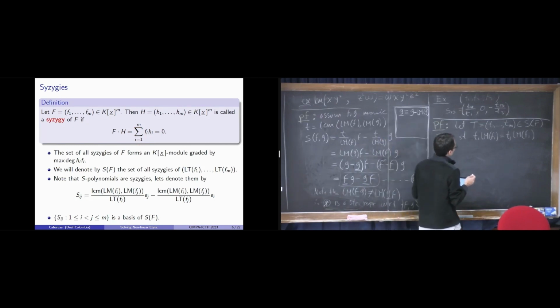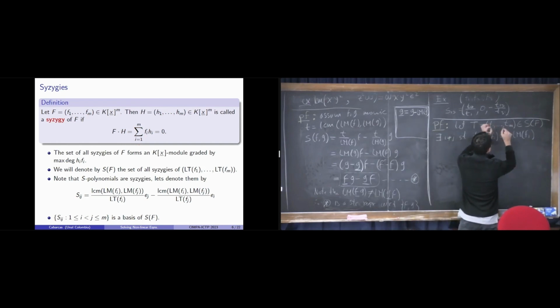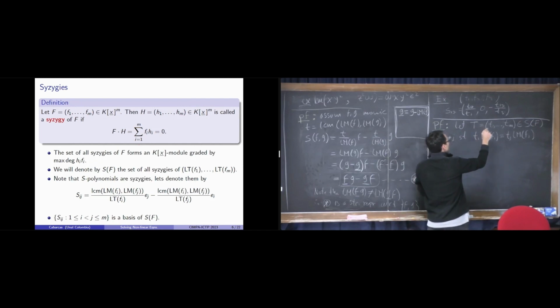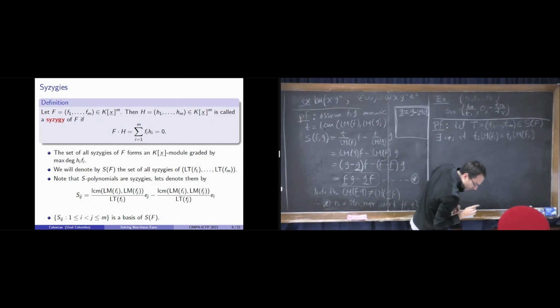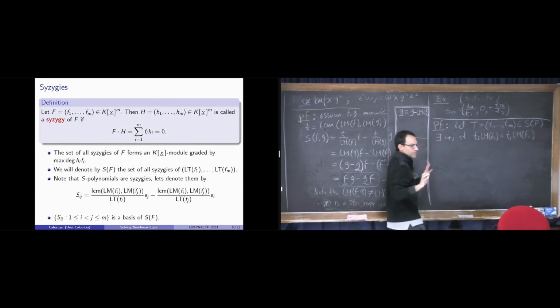And then what we can do is take an Sij and subtract it from this so that we cancel the Ti entry. Right? So I'm going to sketch the proof.